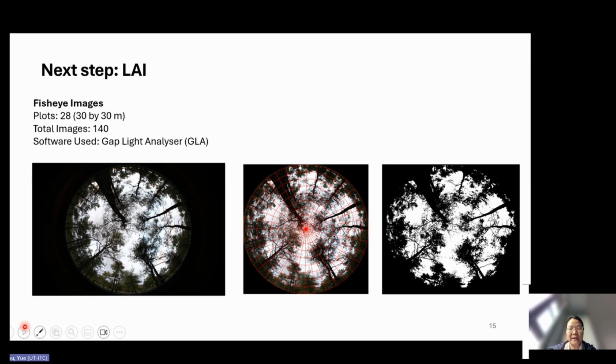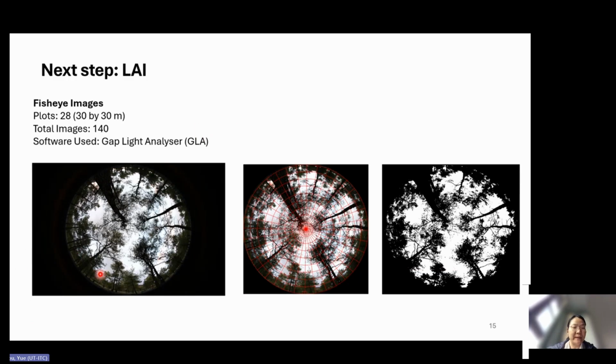As I mentioned, what we want to do in CREATE is to link ECVs and EBVs. The next step is to analyze leaf area index. We have already collected the data, thanks to the students and our colleagues, using fisheye cameras.